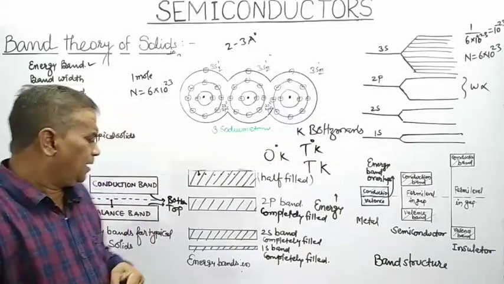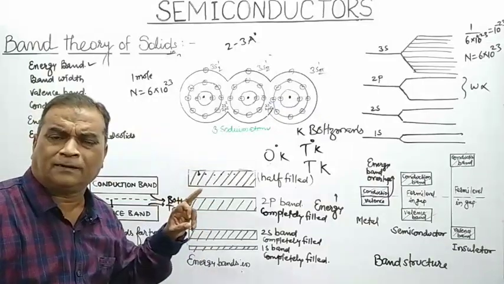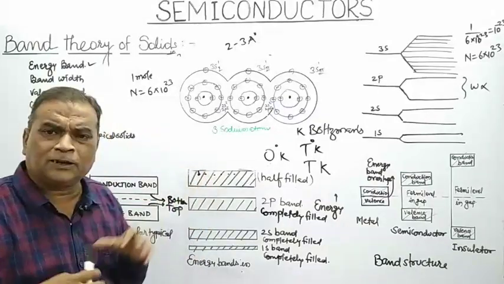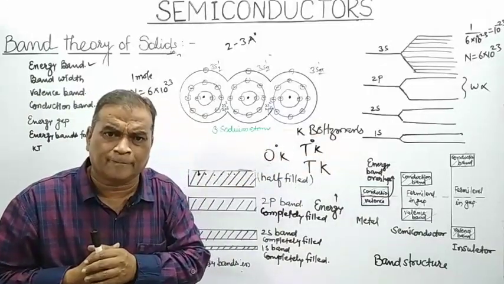So you may think that electrons in the 1s band, 2s band, 2p band or 3s band, all of them, receive kT amount of thermal energy.